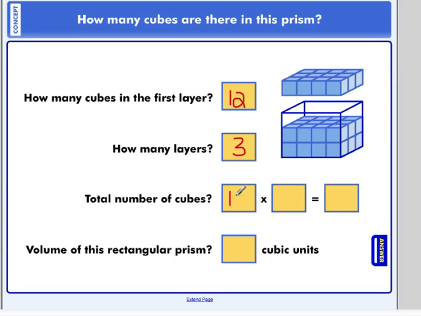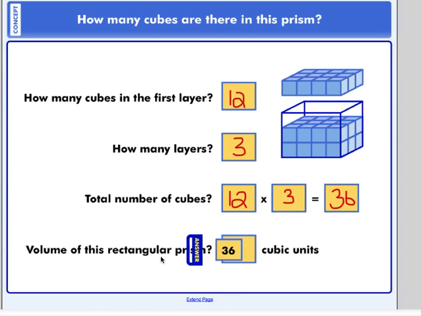So we take that 12 in one layer times the 3 layers. 12 times 3 is 36. And so the volume of this rectangular prism is 36 cubic units.